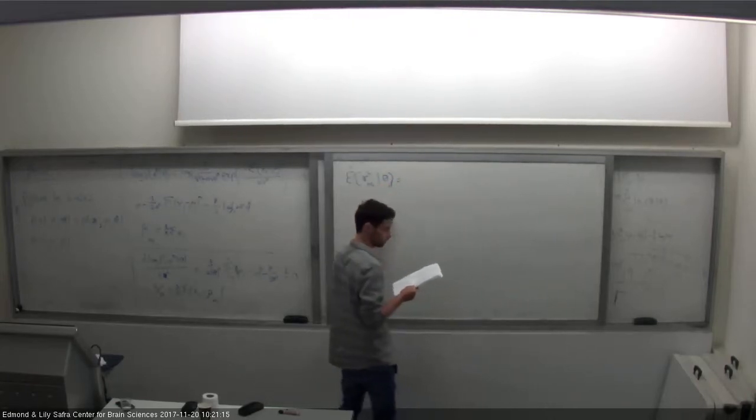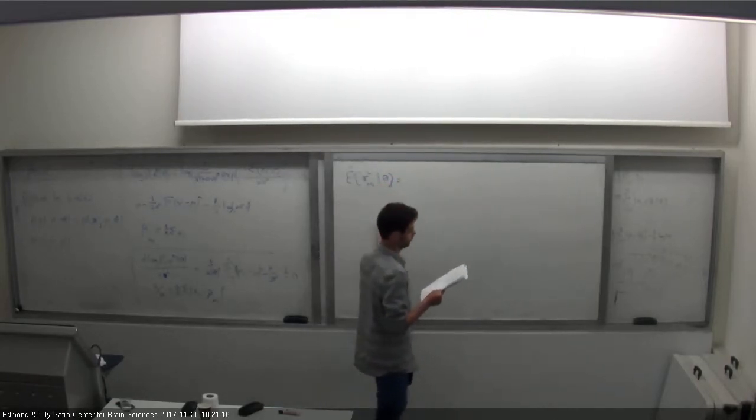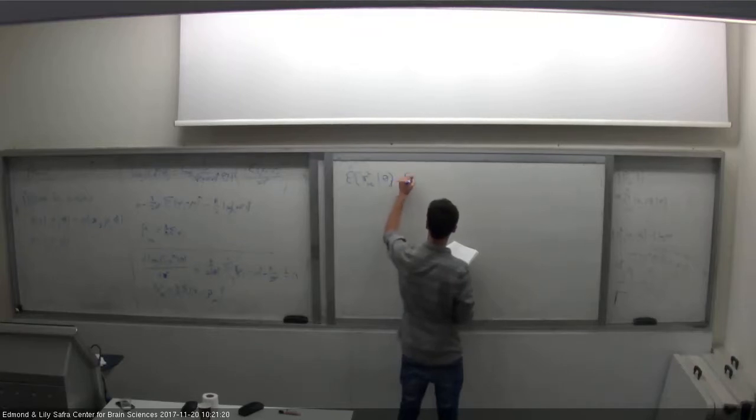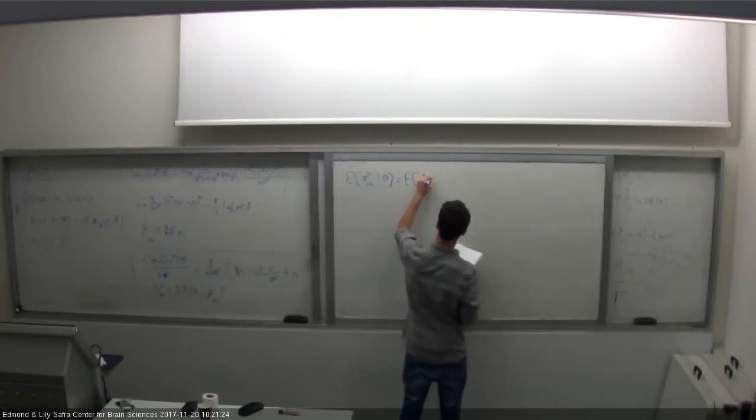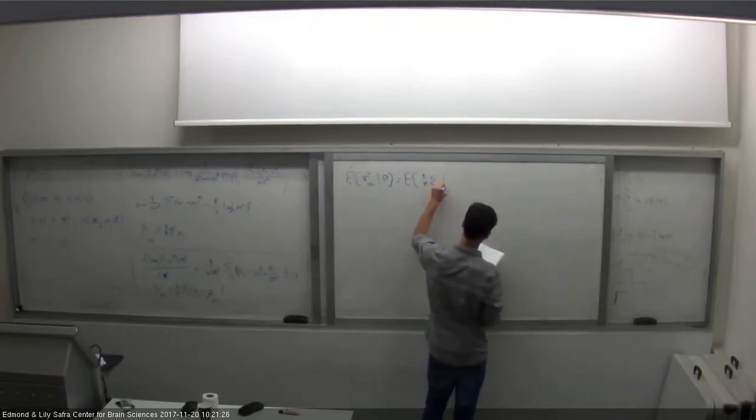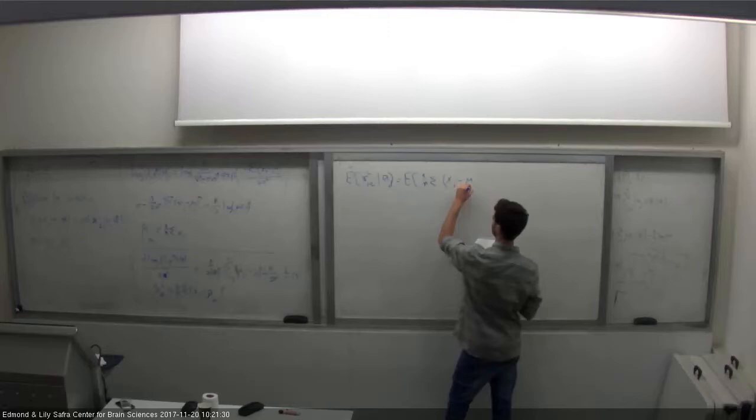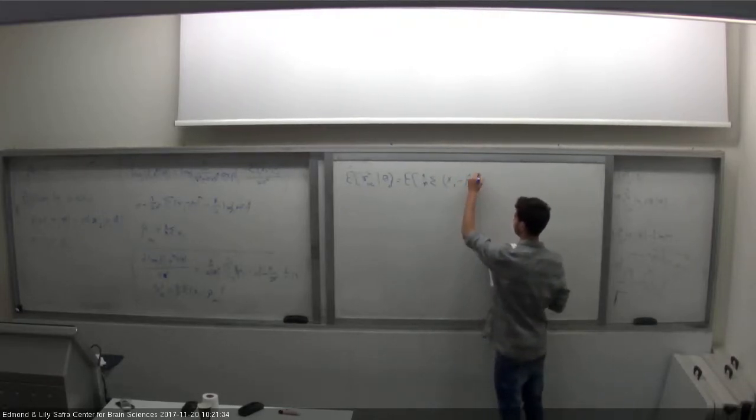We know that this is equal to the expectation of 1 over n sum over xi minus the estimator of mu, squared, given sigma.